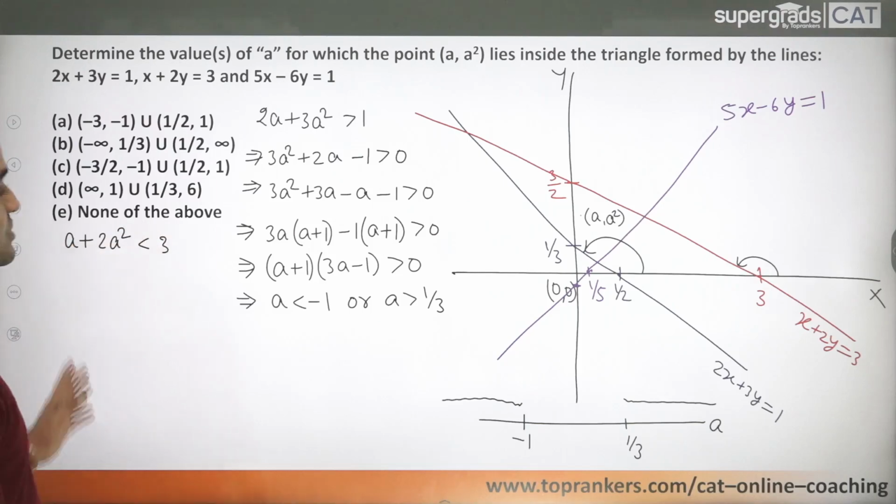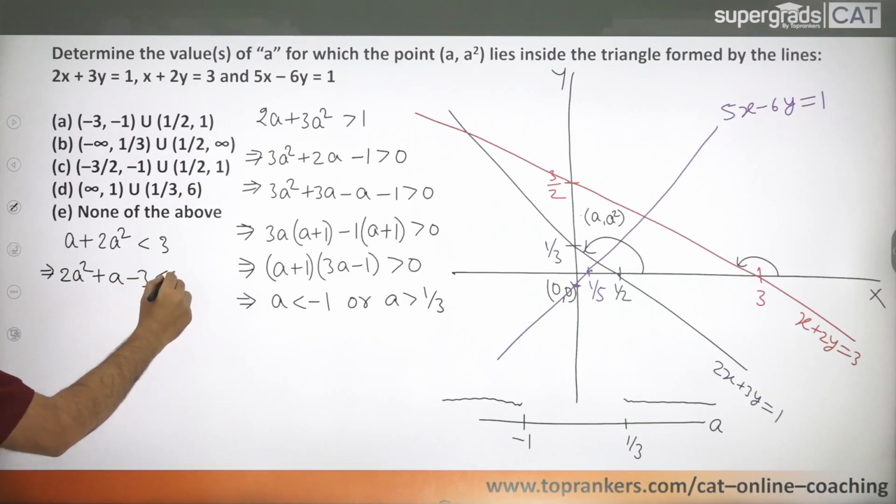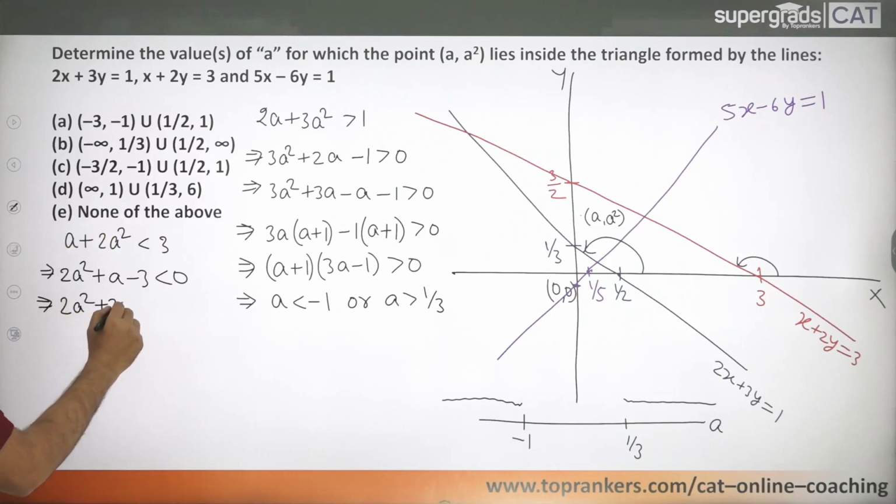A plus 2a square should be less than 3 here, and we can write it as 2a square plus a minus 3 should be less than 0. First we can break it as 2a square plus 2a, and this should be 6, right?